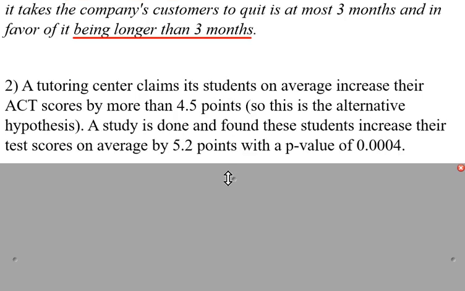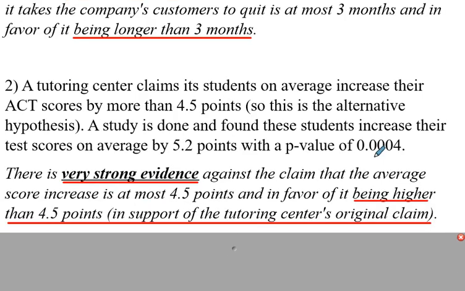In this case, you would say that 0.0004 is in the very strong range. So you'd say there's very strong evidence against the claim that the average score increases at most 4.5 points and in favor of it being higher than 4.5 points, in support of the tutoring center's original claim. So there's very strong evidence in support of their original claim because it's supporting the alternative, which was their claim.